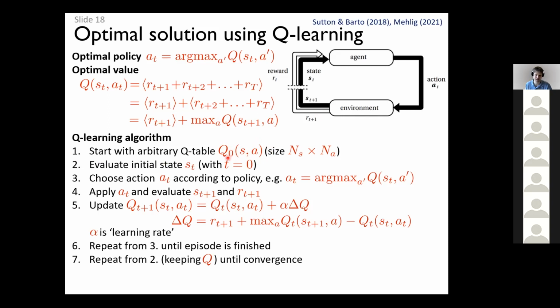If we have, for instance, a deterministic system, and we know that if we do this, then this will happen, and that will always happen, and we can estimate the Q value or the expected future reward because of this, then it makes sense to have a hard-coded Q value, but otherwise we use the Q learning to update the Q table.